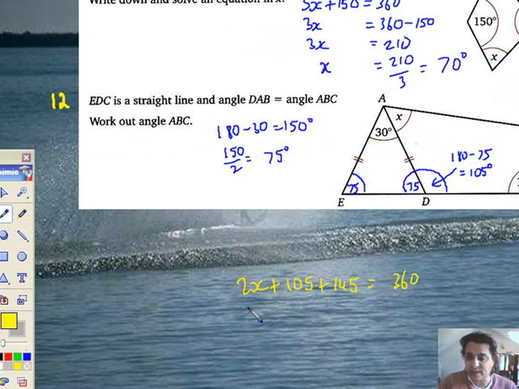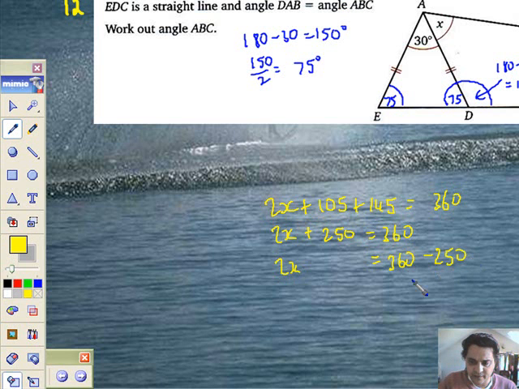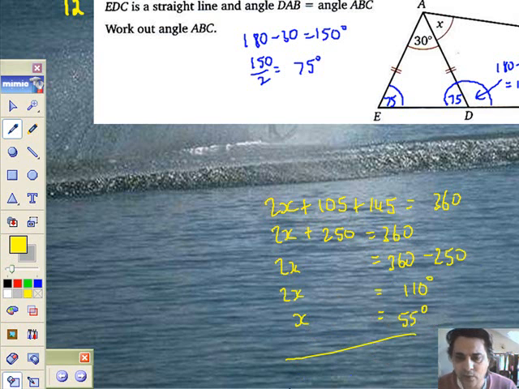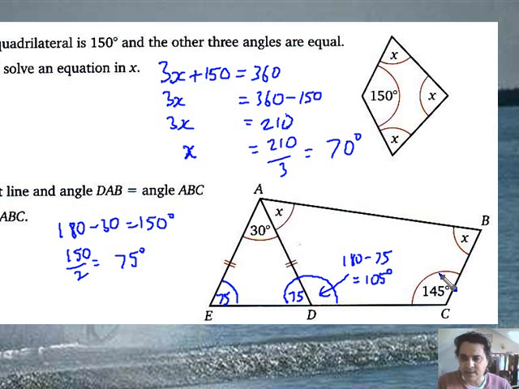I've formed an equation, let's get solving. 2x plus 250 equals 360. Subtracting, 2x equals 360 take away 250, so these two angles together come to 110 degrees. So each of the angles is going to be 55 degrees. So angle X, or the angle ABC, is 55, and so is DAB.